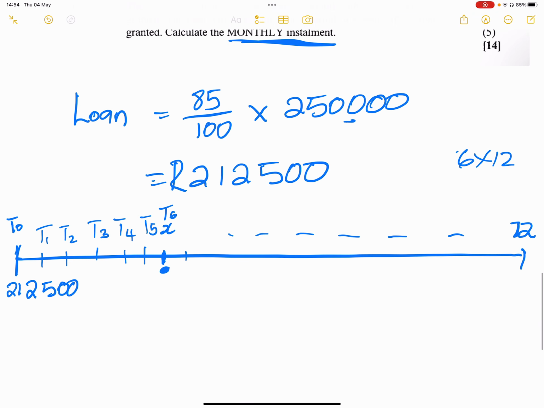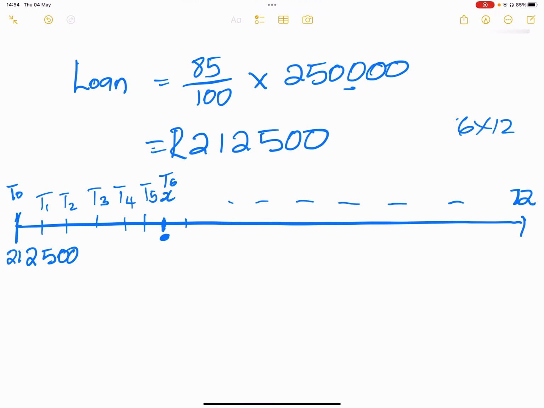Now, I want to know what the amount will have accumulated to. Now, remember, it accumulates here, accumulates there, right? Now, in this case, remember that he starts paying off the loan on the 6th month, right?